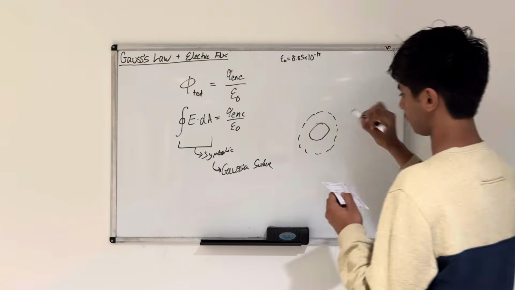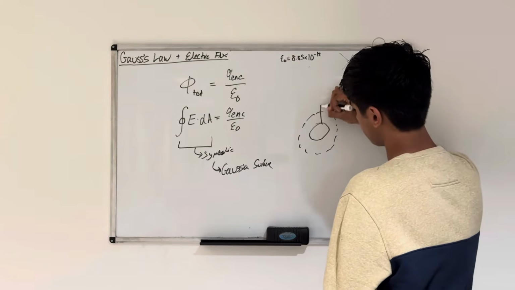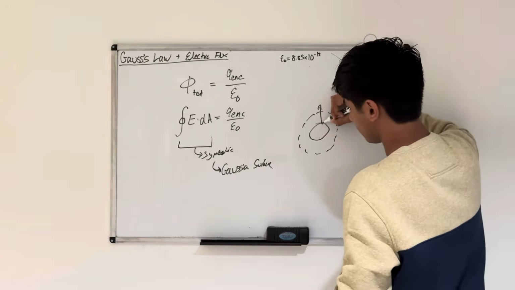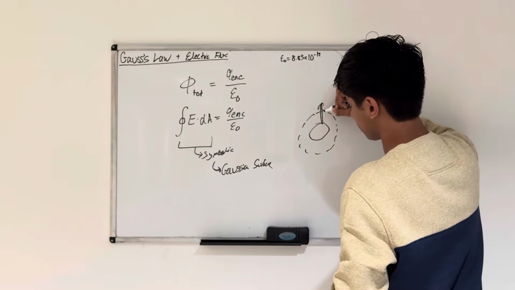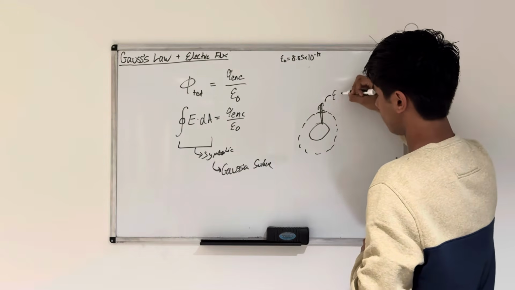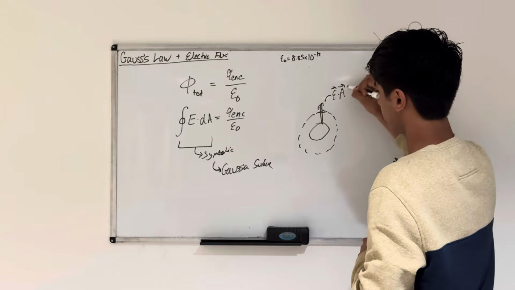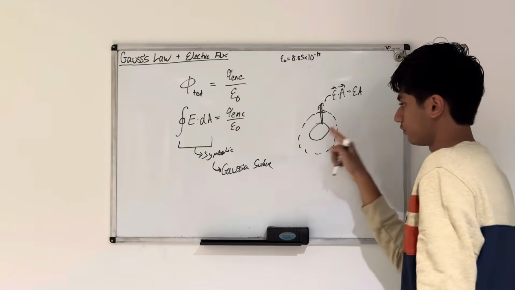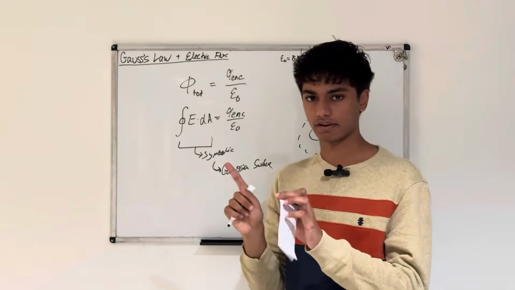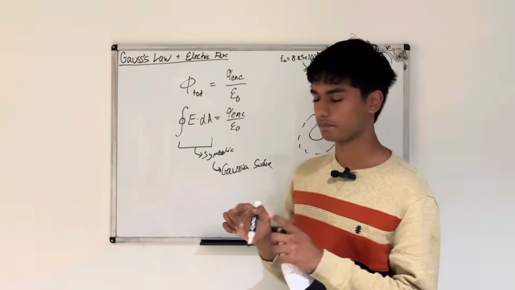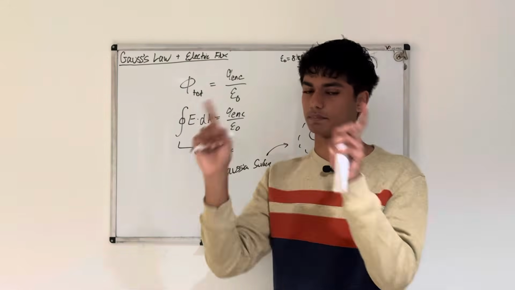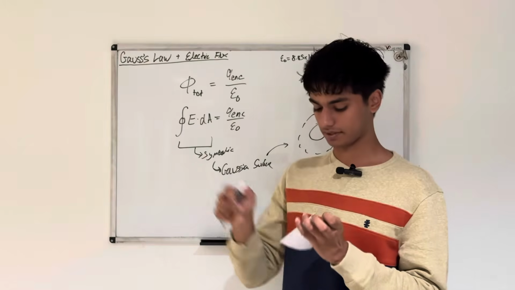Now if you imagine the electric field here and we take a dA at that point, that dA is going to be perpendicular to the surface, and so is the field. So E dot dA is just going to equal E dA, because we're using a surface with a symmetry such that the E and dA vectors are always going to be parallel because of the symmetry of the shape. So we're using a Gaussian surface such that we're matching the symmetry of the shape.